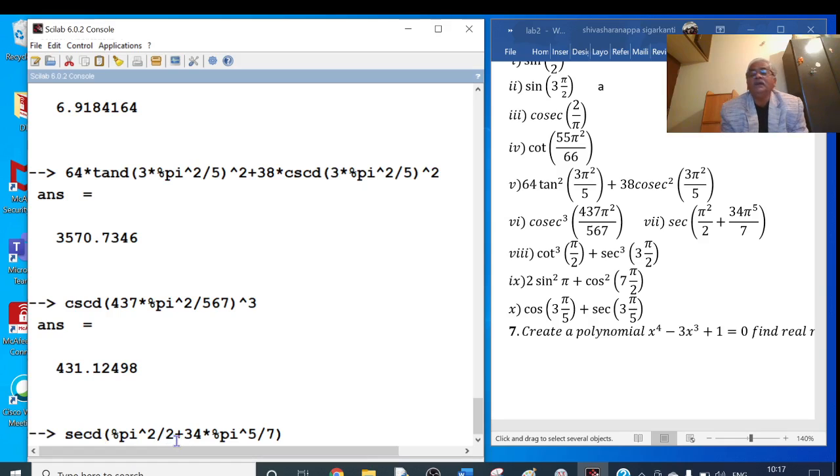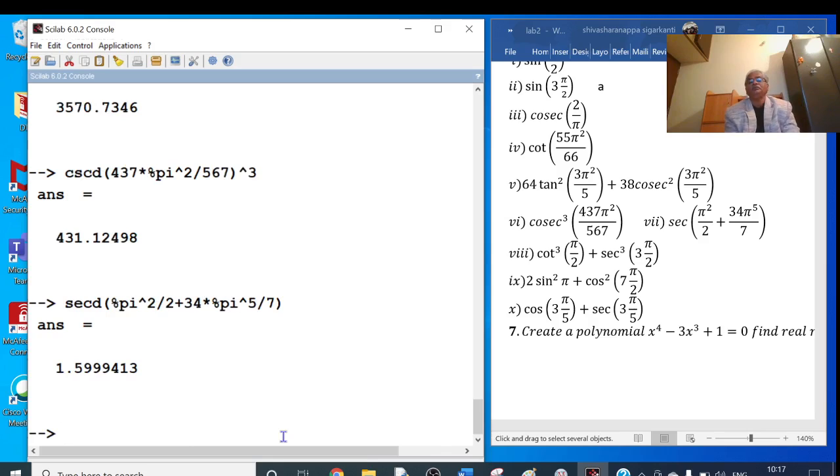Pi square by 2 plus 34 pi raised to 5 by 7. I think that is correct. Enter. I am getting this value.